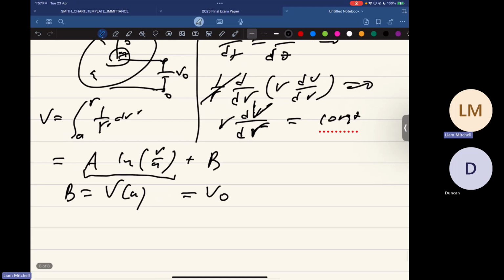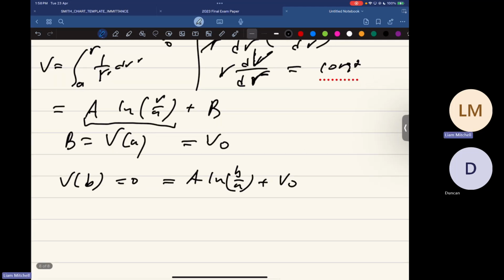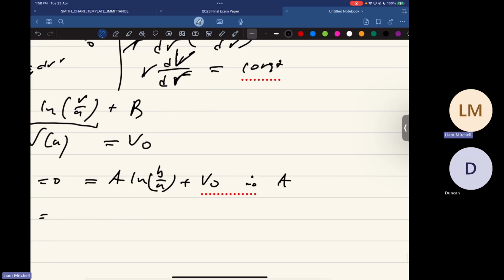And then we need to have that V of b is 0, which is equal to A ln b on a plus V0. So from here we conclude that A ln b on a is minus V naught.